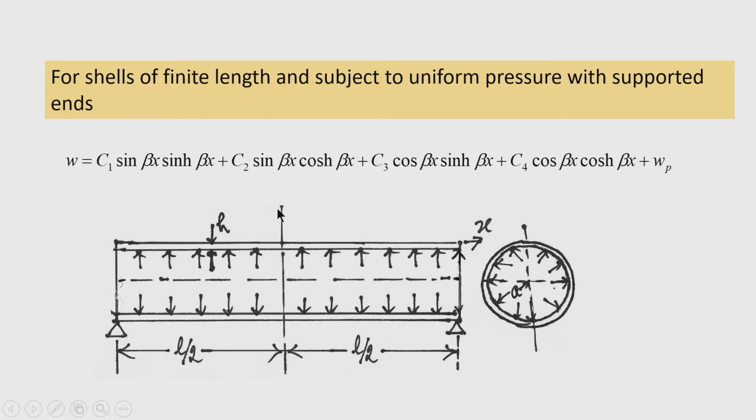So, since the shell is symmetrical with respect to the center of the shell in respect of loading, geometrical parameters and support, then we can assume that the deflection of the shell shall contain only the even functions.